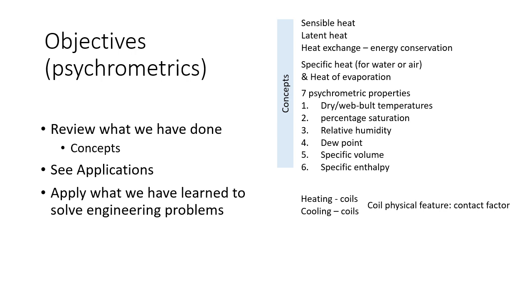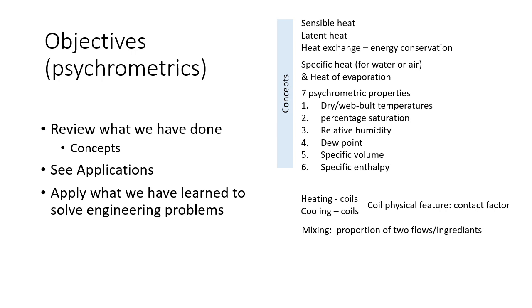Therefore, we introduce another variable to define this kind of contact. If it's 100%, the contact factor is 1, that means there has been a perfect contact. Now, if there's a very small contact, the value would be smaller, close to 0. So this is a physical measure, a description of a physical feature for the 2 flows to contact each other.